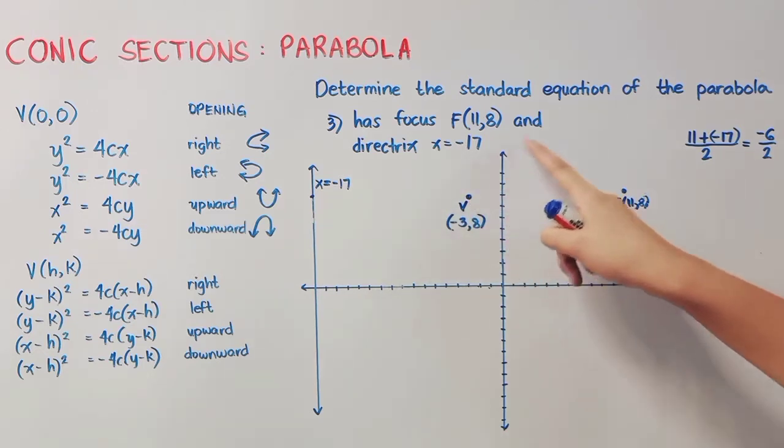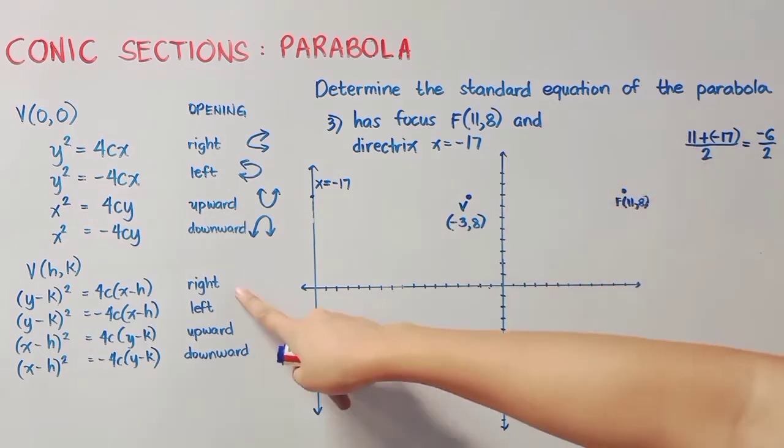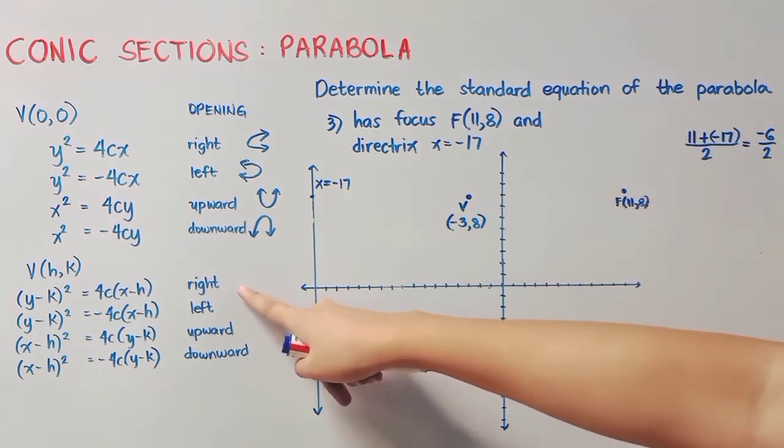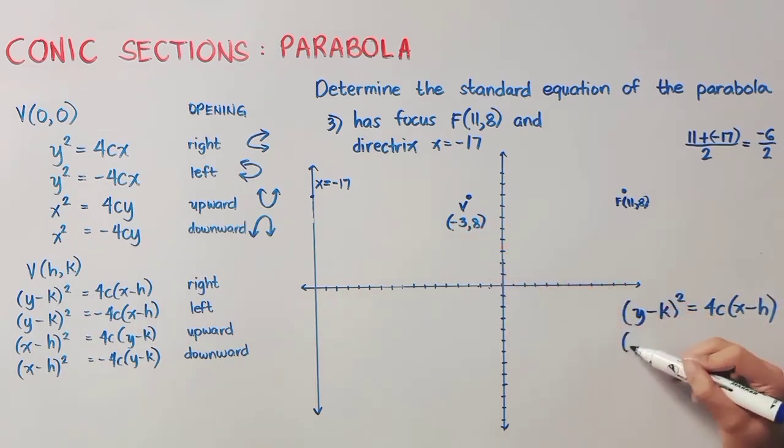Our parabola opens to the right, and since it is in HK, we will be using this form. That is, quantity (y minus k) squared is equal to 4c multiplied to quantity (x minus h). Now we will just substitute here.